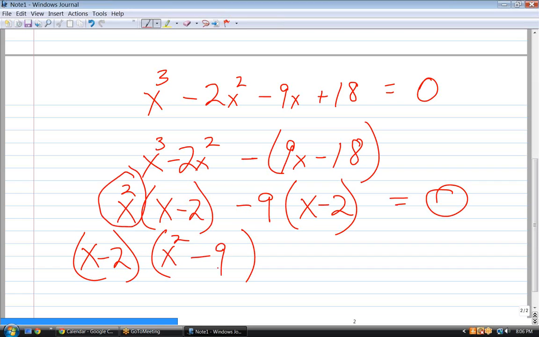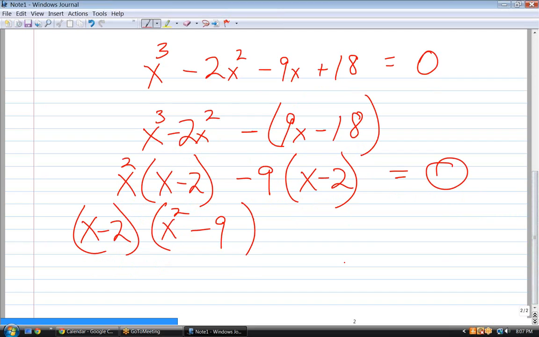Minus 9. Okay. Now look at this very clearly and make sure you understand how I got that. And what more can I do? In other words, this isn't fully factored. What is x squared minus 9 called?